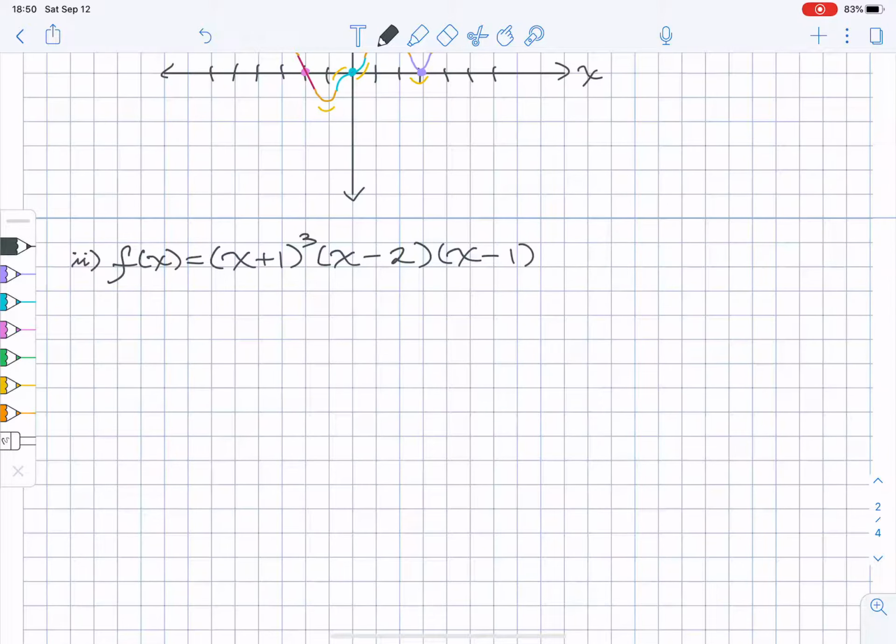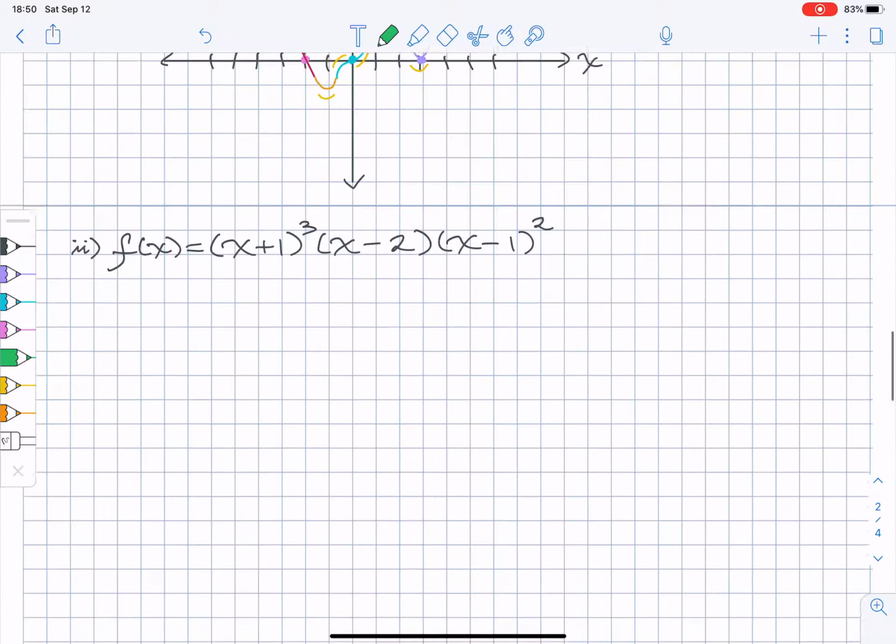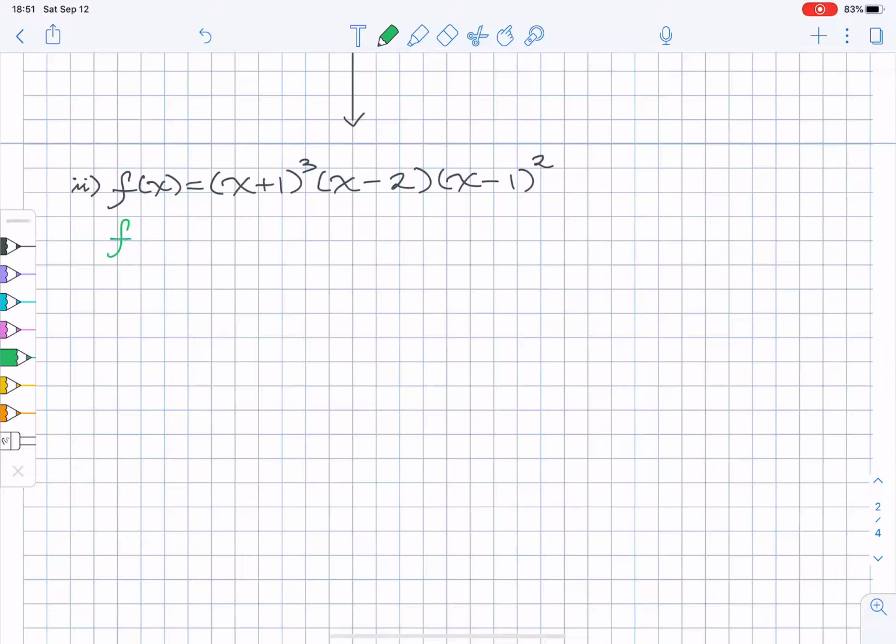Minus 1 quantity squared, which is simple enough. Okay, so let's look at this function. So we have that f of x is equal to, we have the first factor is x plus 1. Its multiplicity is going to be 3. Then we have a factor of x minus 2 to the first power. Then we have a factor of x minus 1 squared.